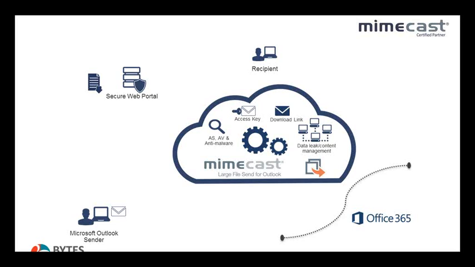We apply all of your antivirus, anti-spam, data loss prevention, content examination, and attachment management policies against that message, and then once it's successfully passed through all of those, we will share a unique access key and download link with the recipient, whether that's internal or external.